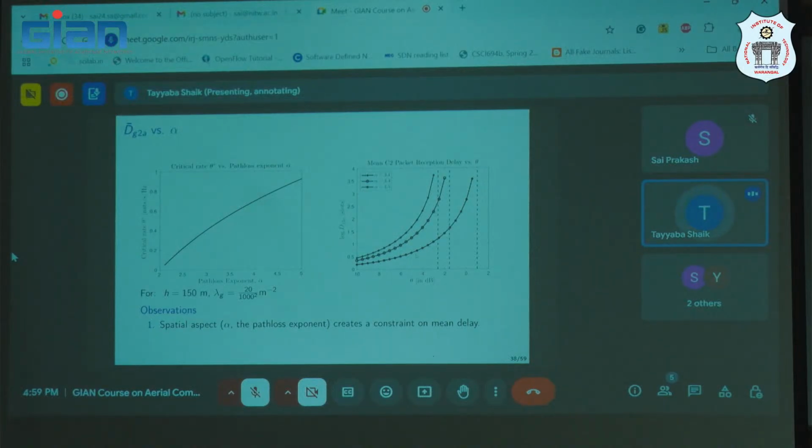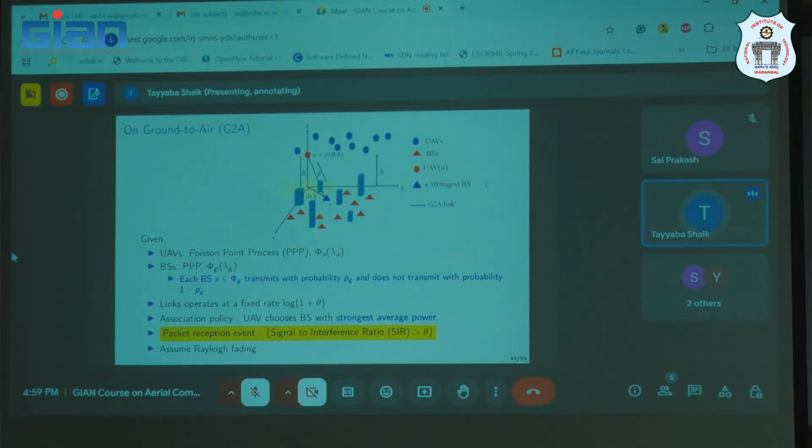For that reason, the signal to interference ratio, S by I, would be high enough to cross theta. That is why, as you increase alpha, you see an unexpected decrease in the mean delay, and associated with each alpha is a threshold theta, after which the mean delay is infinite. So this is one result in this paper.